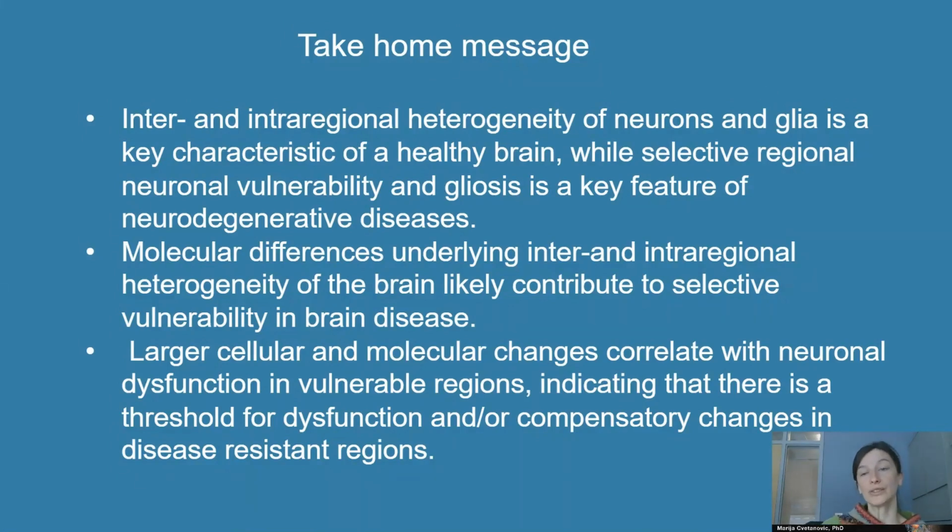And the molecular differences underlying this heterogeneity of the brain likely contribute also to selective vulnerability in brain disease and can be good targets with which we can increase resistance of neurons in disease, or we can increase resistance of glia to disease. And then the larger cellular and molecular changes will correlate well with neuronal dysfunction in vulnerable regions, indicating that there is a threshold for dysfunction and/or compensatory changes in disease-resistant regions.